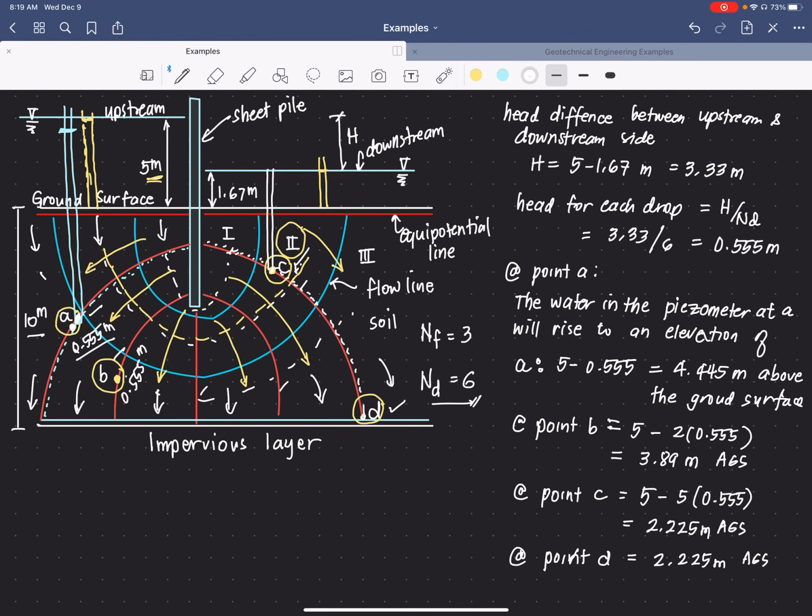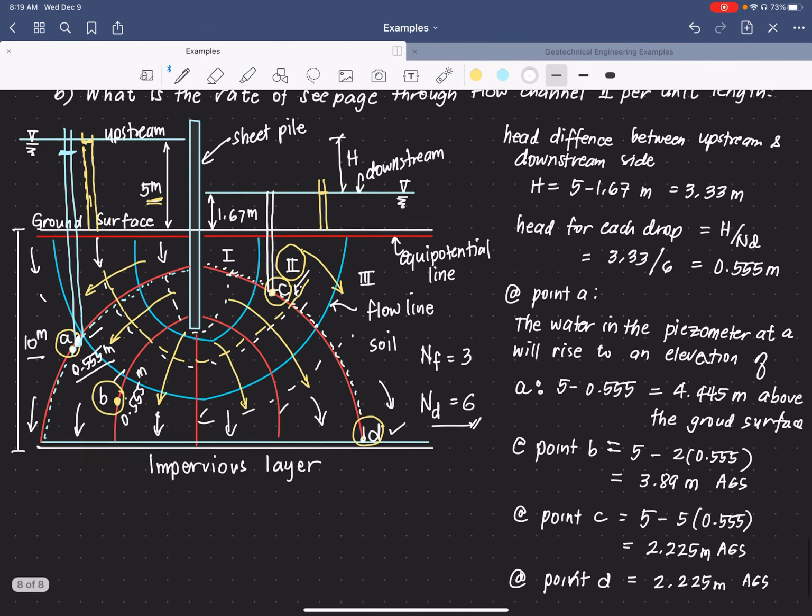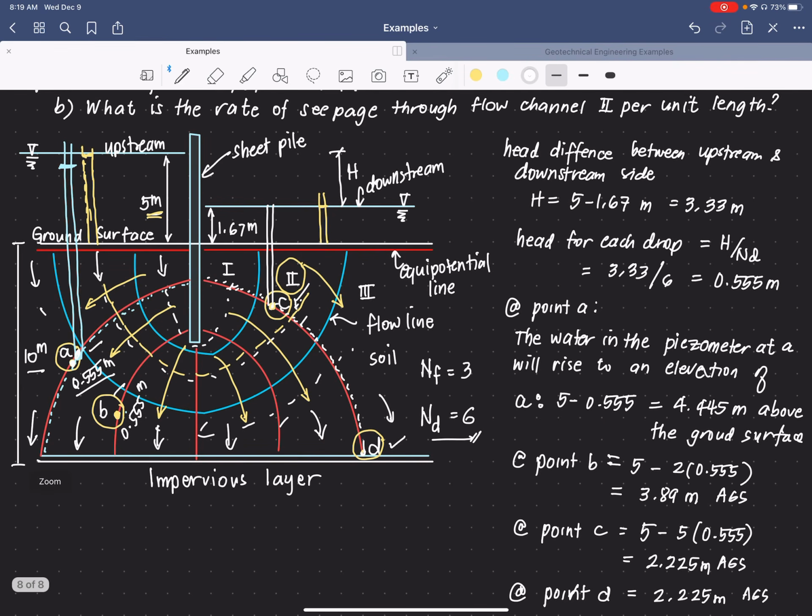And for the second question, we are asked to determine the rate of seepage through the flow channel 2 here. So what would be the rate of seepage along this flow channel 2? We have a formula.